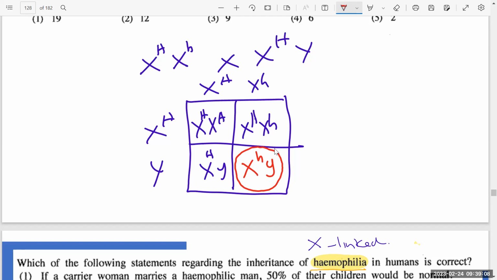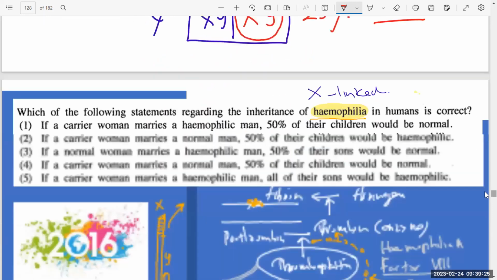Only one person is a carrier, but there is again a 25% chance the children get the disease. And it is also male, because male has one allele, the male gets this 25% chance.